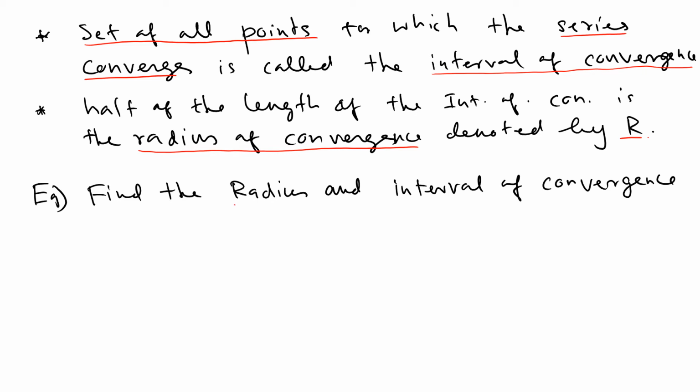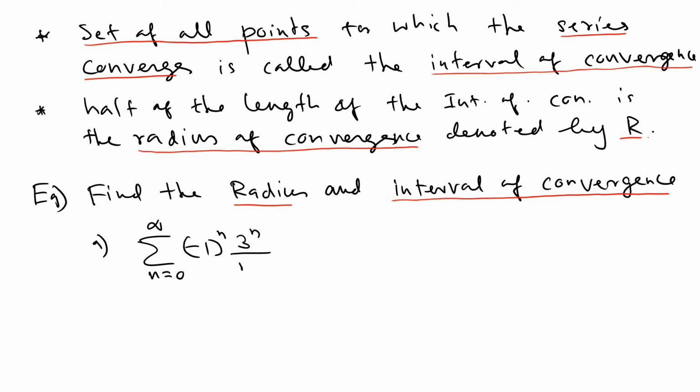The first one is the sum, n going from 0 to infinity, of (-1)^n over 3^n n factorial, times (x - 2)^n.